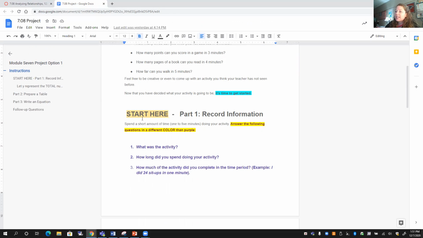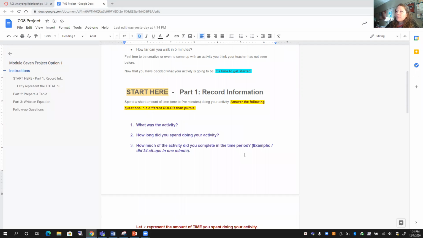So then it says start here. The first thing you're going to do is tell me the activity that you did, how long you spent doing it, and how much of the activity you completed in your time period. For example, this person said, I did 24 sit-ups in 1 minute, or I can type this many words per minute, so on and so forth, okay?